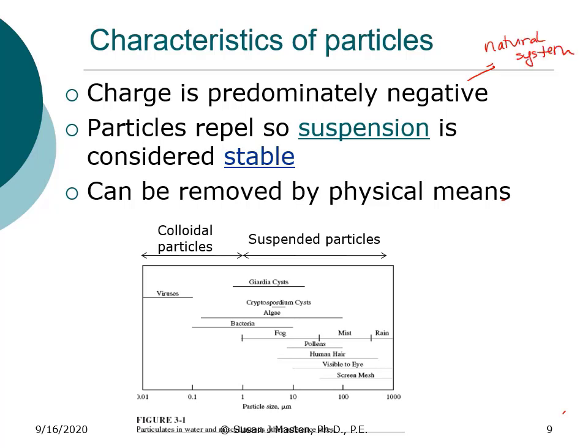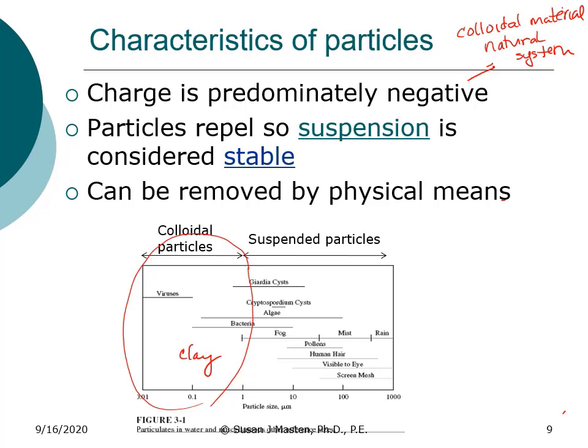So we're looking at colloidal material in a natural system. So this can be, as is shown here, bacteria, viruses, it can also be clay, very small clay particles. So we're looking at removing this.